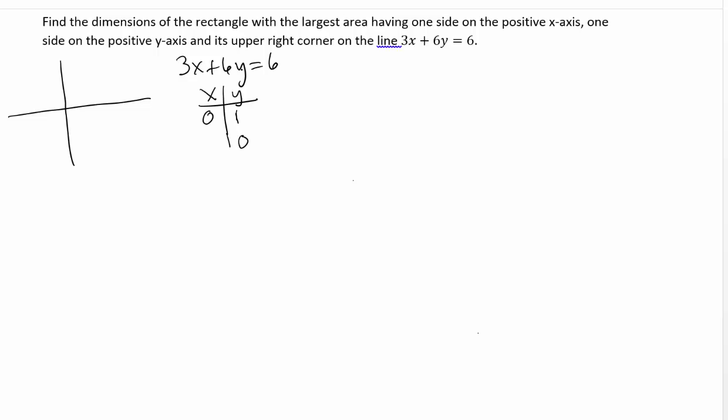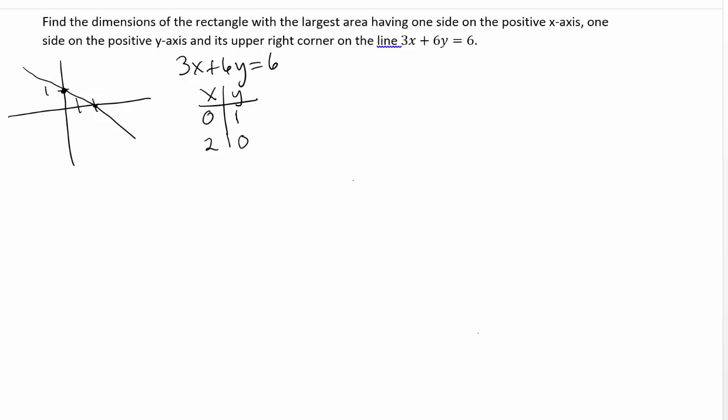If I let y be 0, then this whole term goes away, and 3x equals 6 when x is 2. So that means I'm going to have a point at (0, 1) and (2, 0), and I'm going to just have a line through those 2 points.